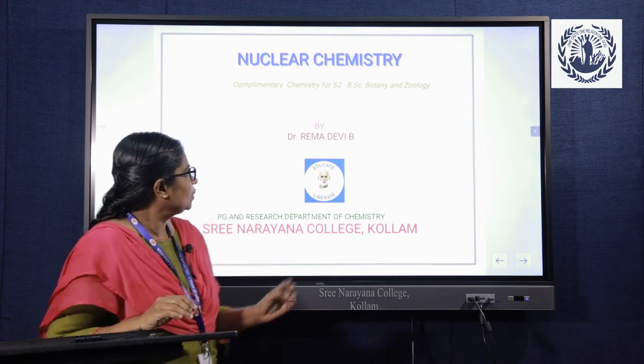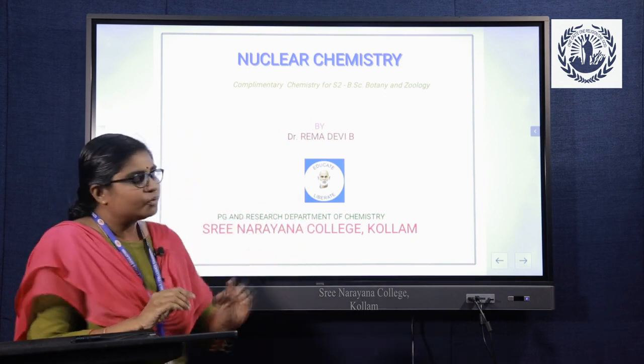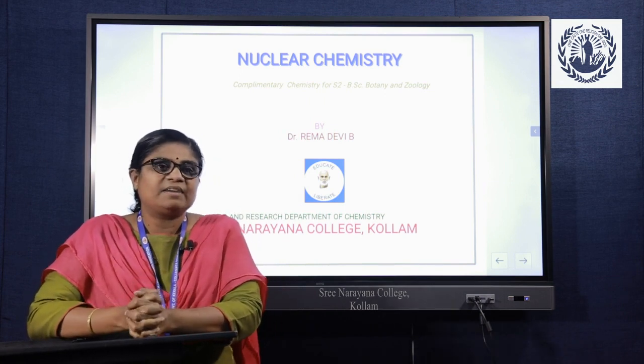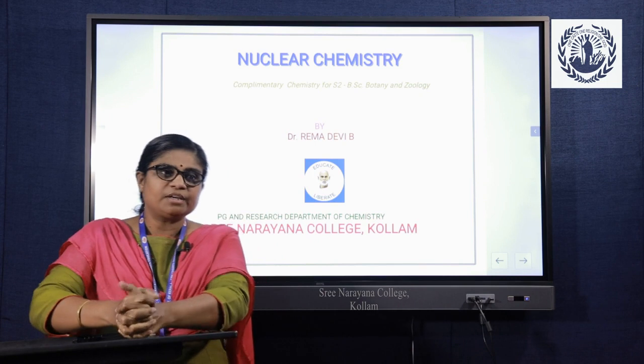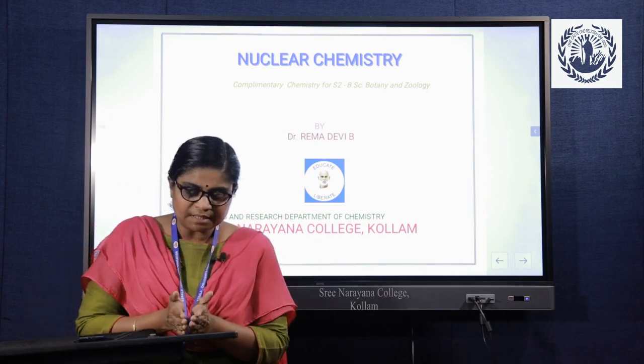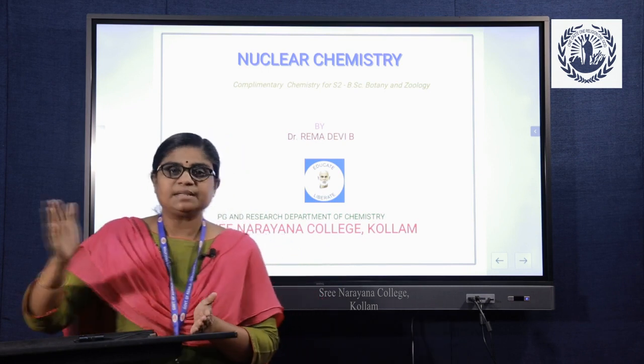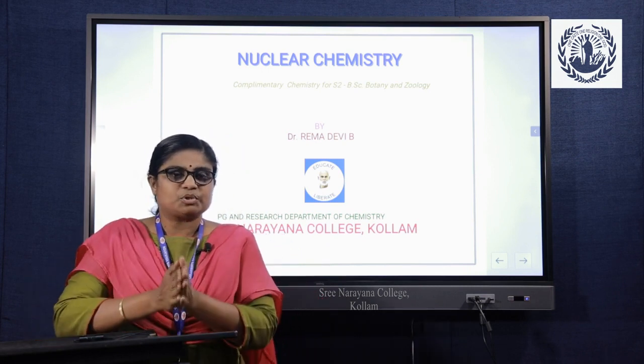So how are some nucleus unstable while some other are stable? Already I told you that up to atomic number 83 the nucleus are stable while above 83 it is unstable. How is it possible?